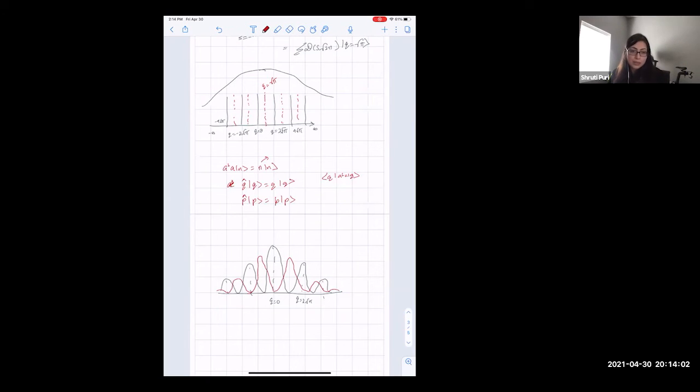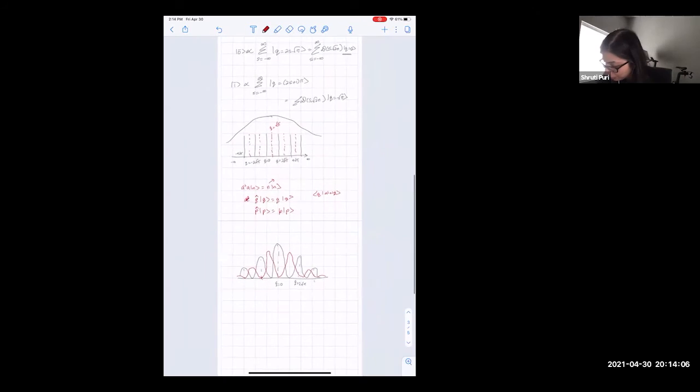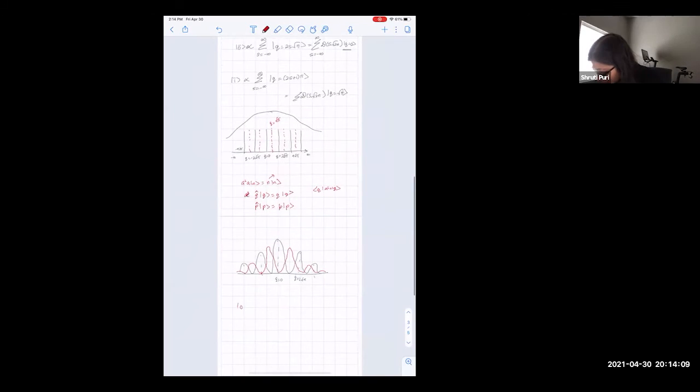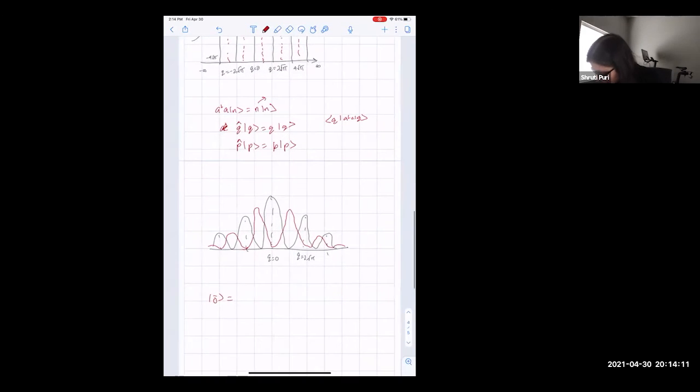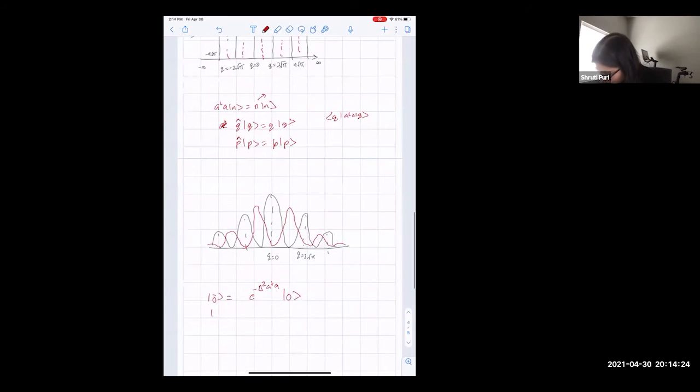These are normalizable. What we're essentially doing is taking these code words. The approximate 0 state is now e to the minus delta squared A dagger A applied to the exact 0 state, and then this becomes normalizable. Similarly, the approximate 1 state is now, you basically just apply a Gaussian.